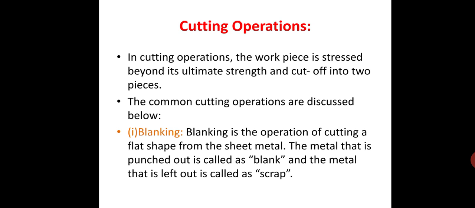The first cutting operation is blanking. Blanking is the process of cutting a flat shape from the sheet metal. The metal that is punched out is called the blank, and the metal that is left out is called the scrap.